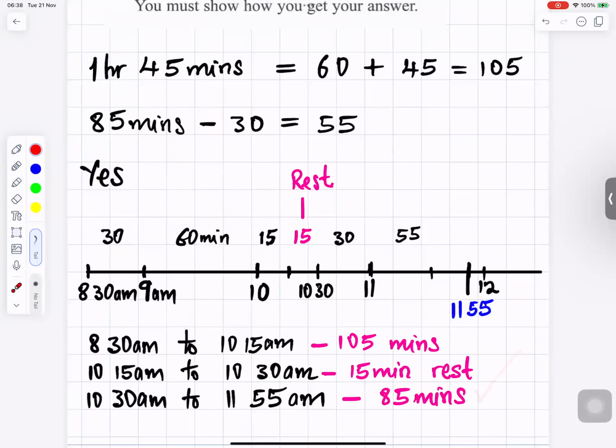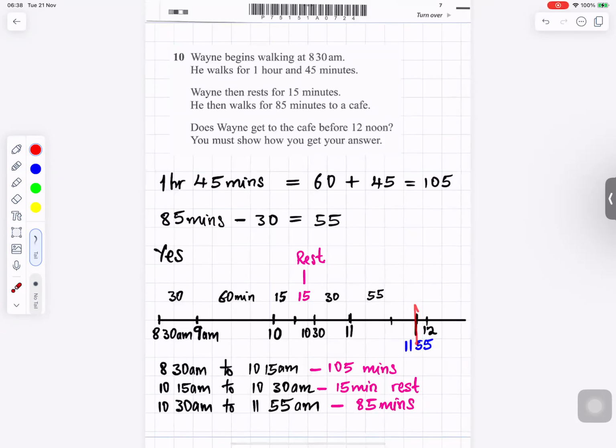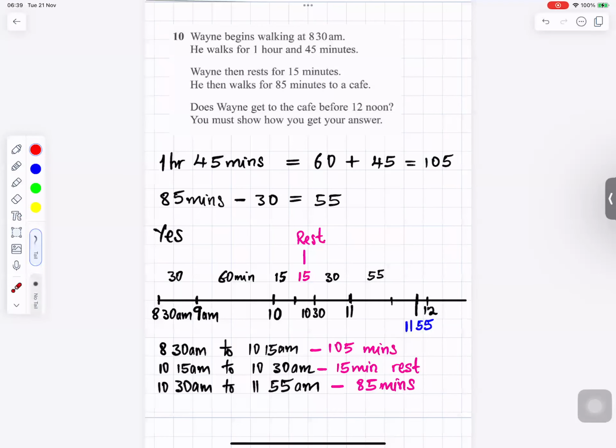It gives you 85 minutes. So you get 11:55. So the answer is yes. Wayne gets to the cafe before 12.